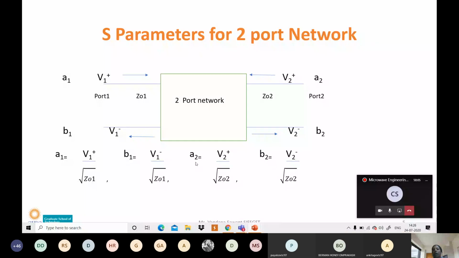Got these formulas for A1, B1, A2, B2? Yes, ma'am. Okay, you can note it down.